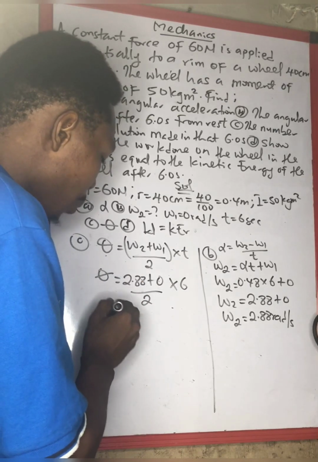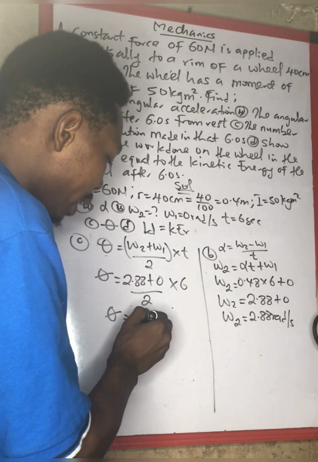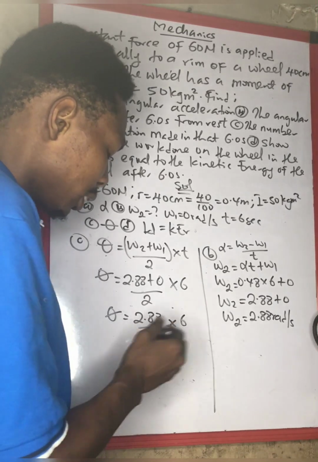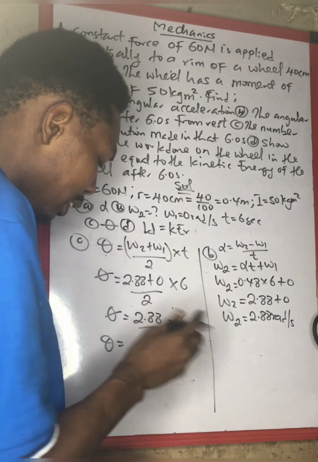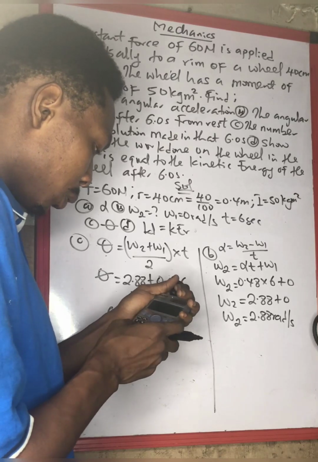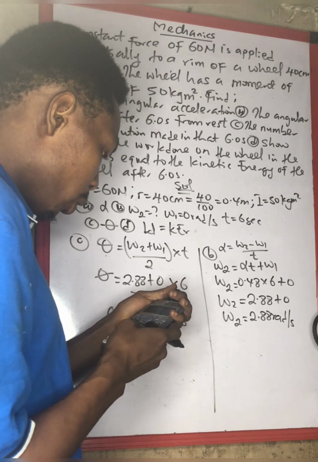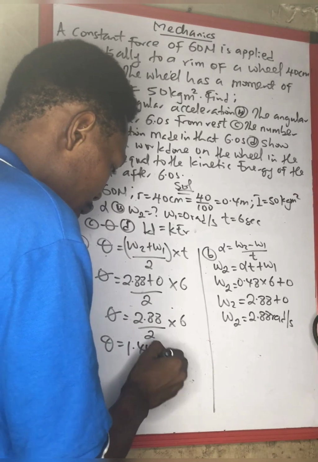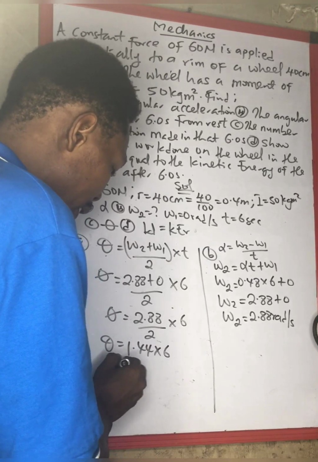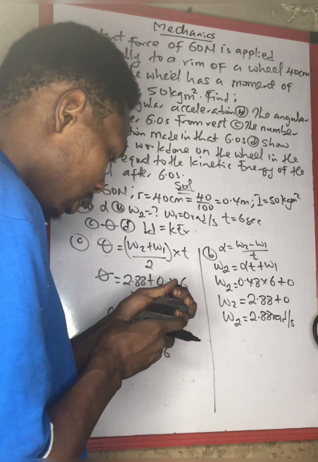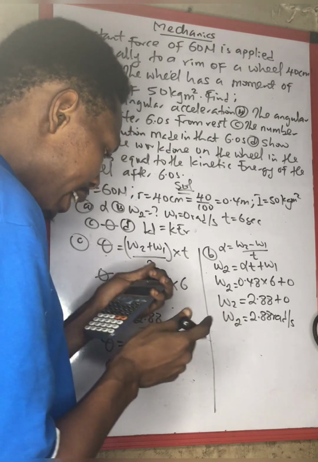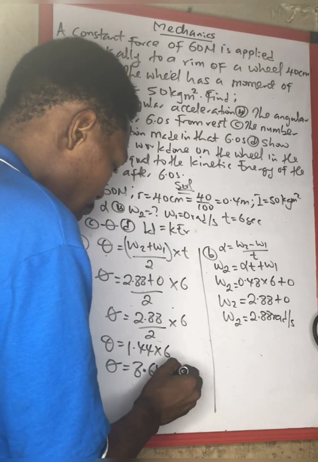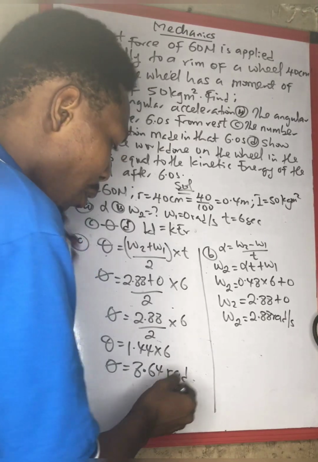So our theta will be equal to 2.88 divided by 2, then times 6. 2.88 divided by 2 is going to give us 1.44, times 6. So our theta is going to give us 8.64 rad. So that is our answer.